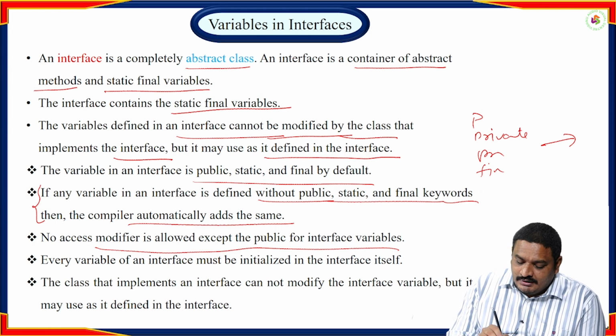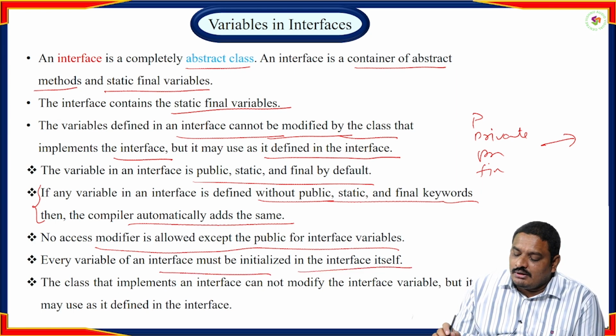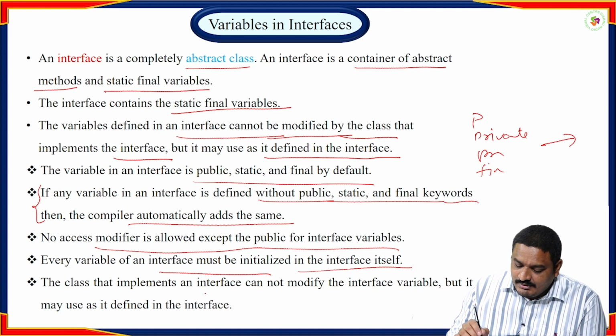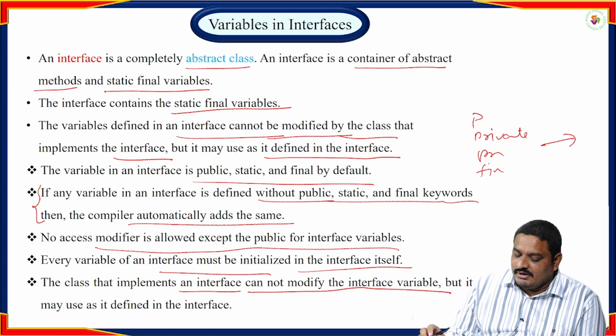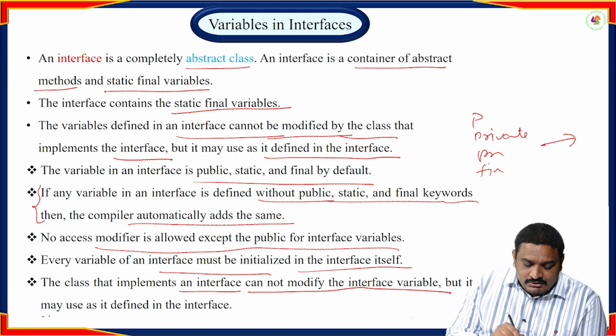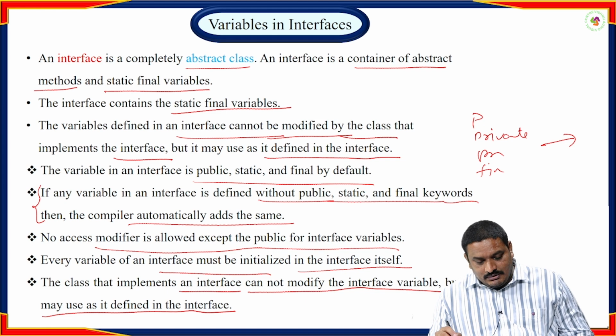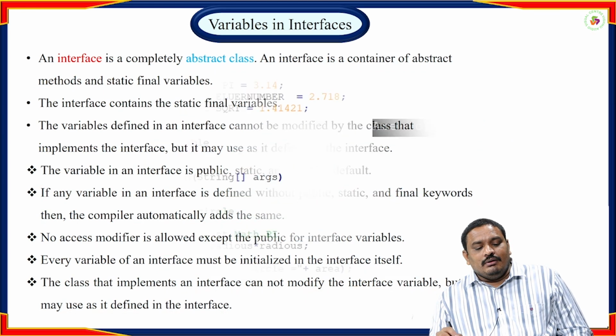Every variable in the interface must be initialized in the interface itself. The last thing is that a class that implements an interface cannot modify the interface variable, but it may use it as defined in the interface. That is the variables in the interfaces.